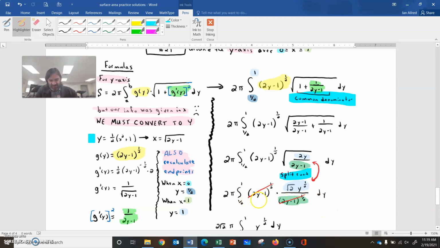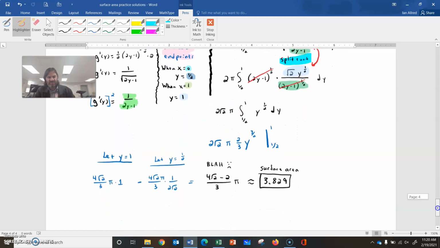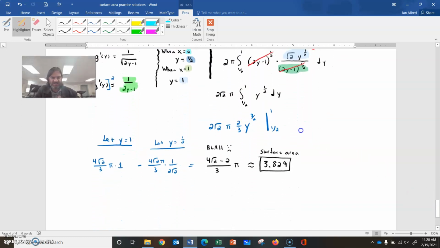Now, I have a 2y minus 1 square root in the numerator and denominator that I canceled out. So the simpler thing to work with here for the integration is still a square root of 2 up top, and there's a 2 pi out front, so I'm going to pull all that out front.